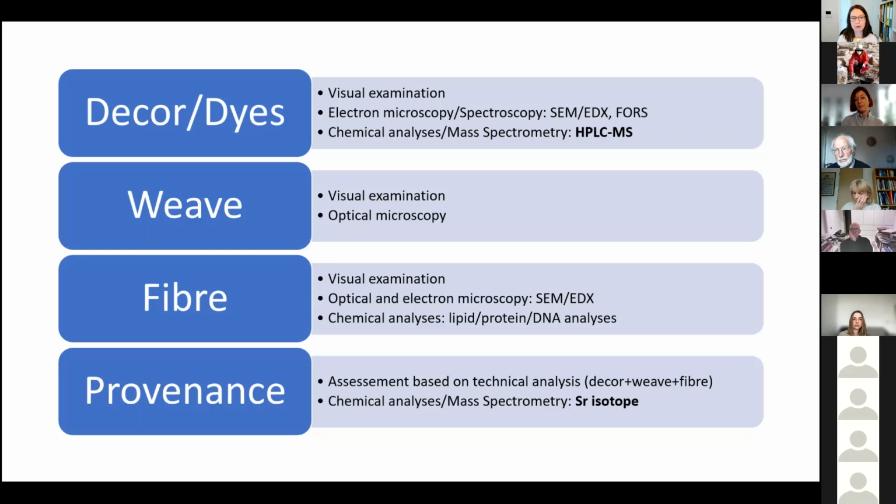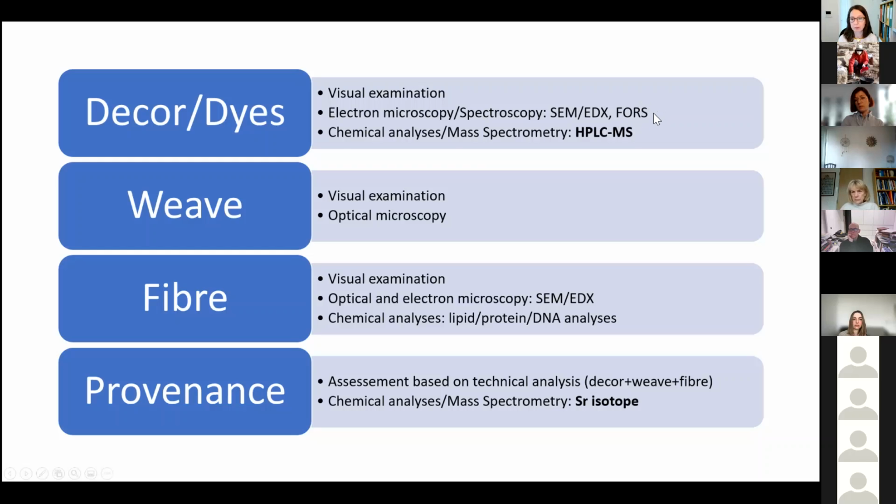For example, if we have a look at this first category, decor and dyes: as I just told you, with visual examination, with a quick look, we can see if this textile is decorated and or dyed. If we want to have a preliminary idea whether it was dyed with plant or animal dyes, we can apply such a technique as electron microscopy or spectroscopy.